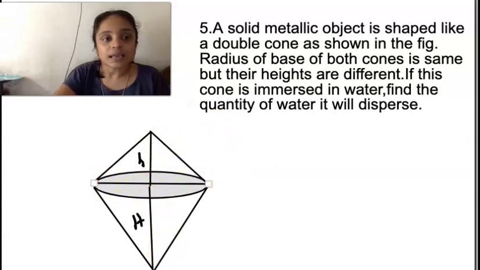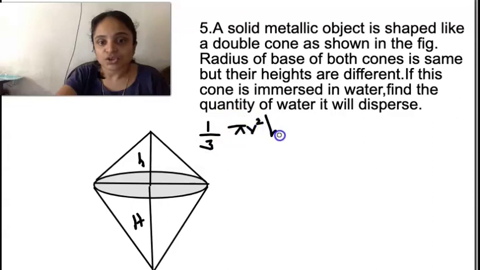What is the volume of a cone? It is 1 by 3 pi r square h, right?